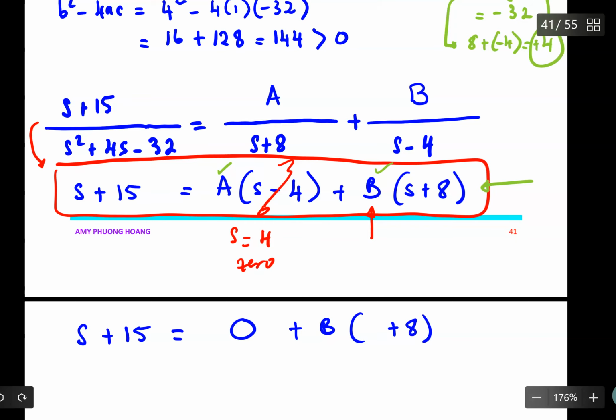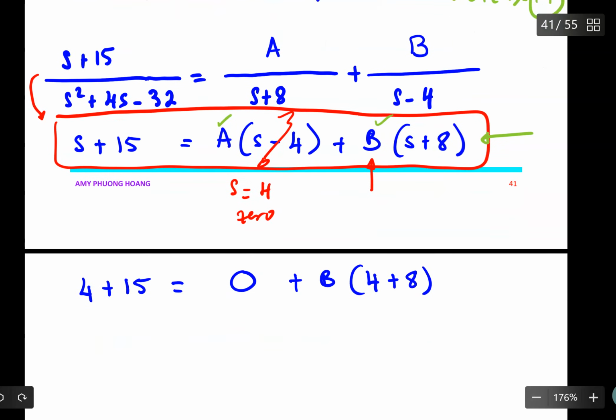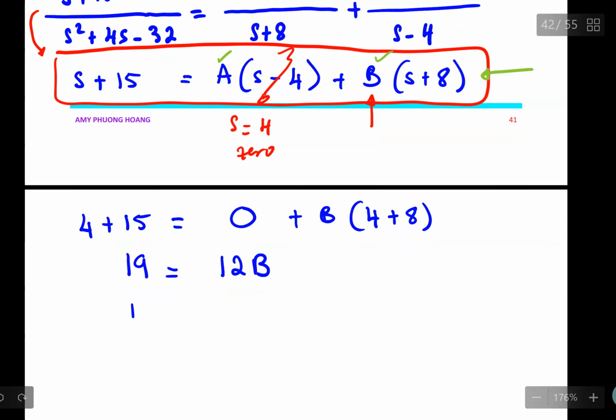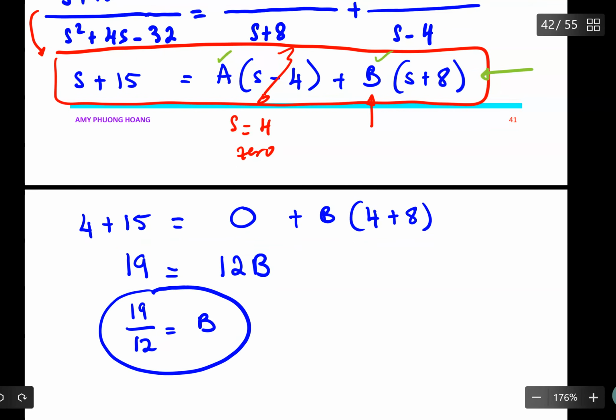So I will put in s equal to 4. So 4 plus 15, and here's 4 plus 8. Now I can solve for B. 4 plus 15 equal to 19, 4 plus 8 equal to 12. Divide 12 over to the other side. I should have B equal to 19 divided by 12.